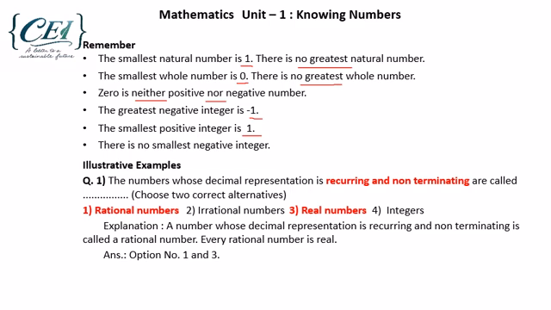So which is the smallest negative integer? There is no smallest negative integer. Then for the smallest positive integer 1, the greatest positive integer is infinite. So there is no greatest positive integer.